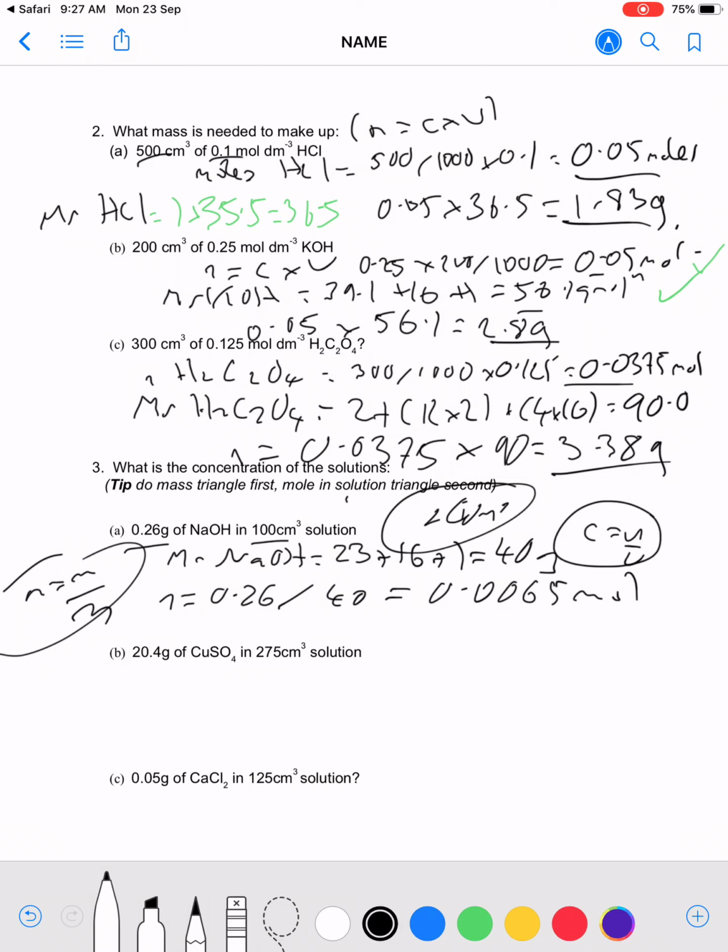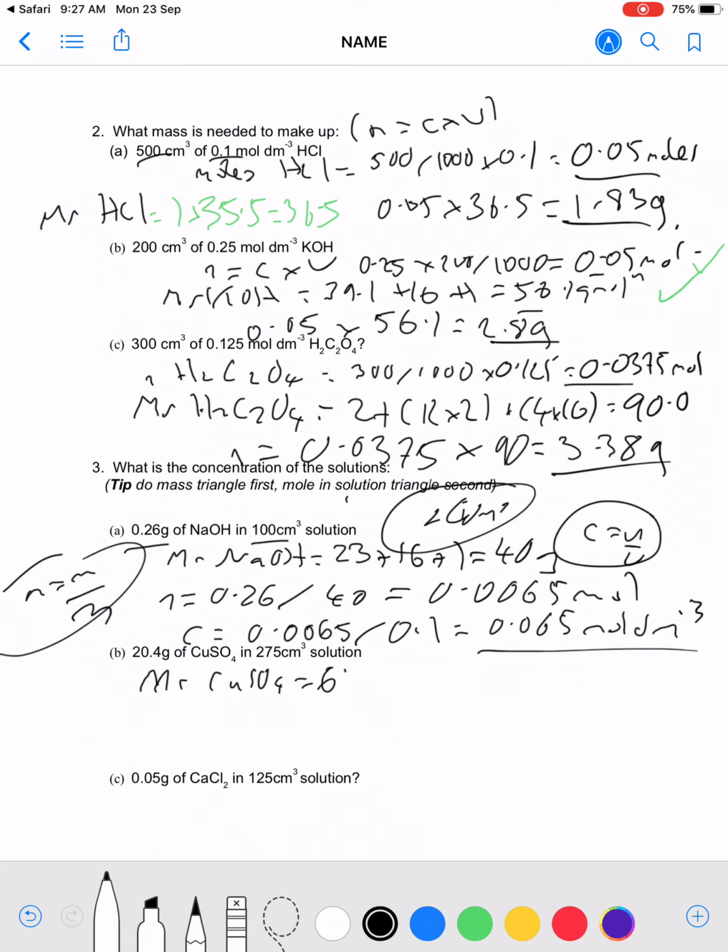So now it's 0.0065, so C equals 0.0065 divided by, well, it's 100 cm³, which is 0.1 dm³, which equals 0.065 moles per dm³. This is definitely A-star GCSE territory, probably more like IB standard level calculations right now, if you're getting a little bit worried.